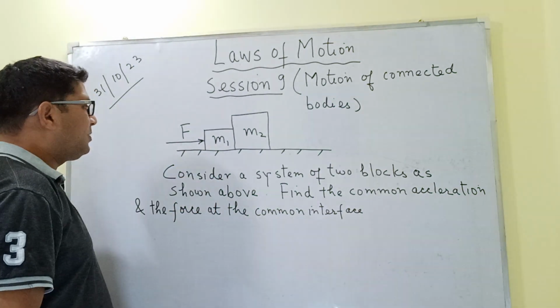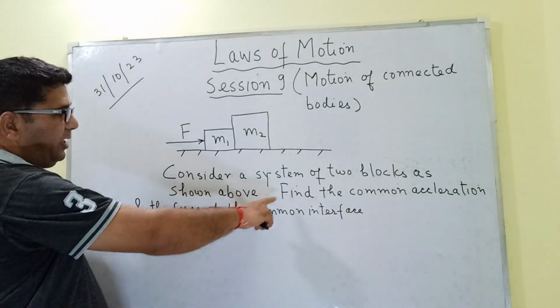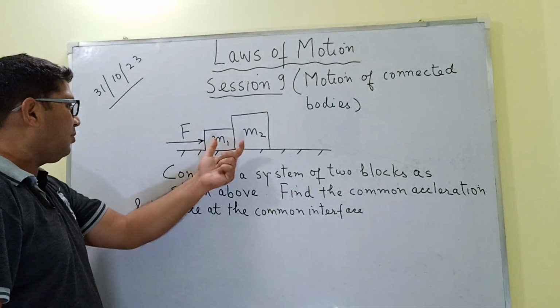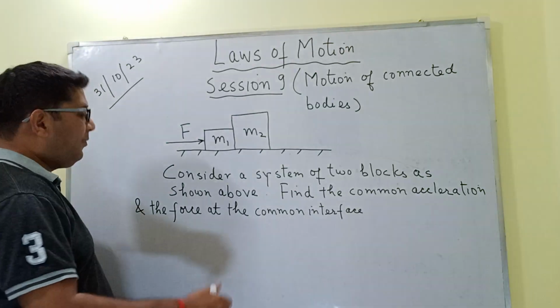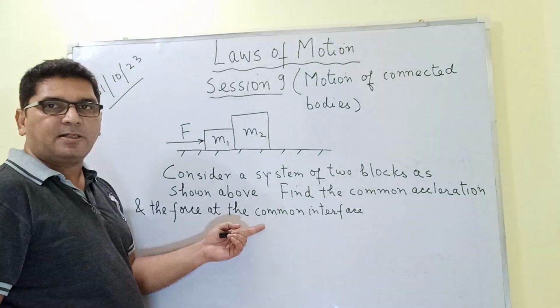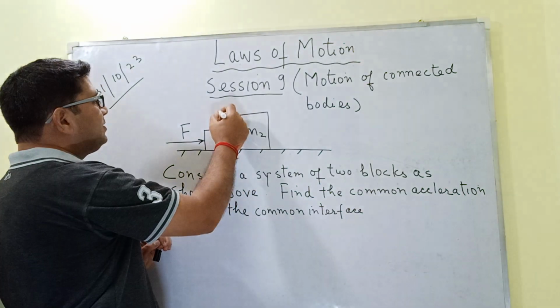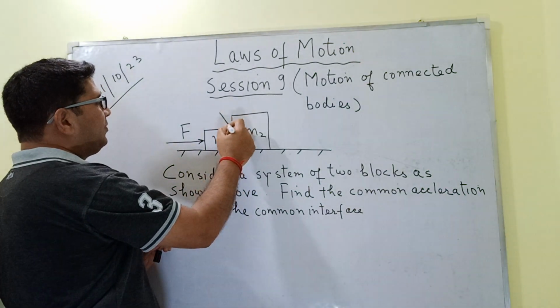In this case, we have to find the common acceleration of this system of two blocks, and we have to find the force at the common interface. This is the common interface.